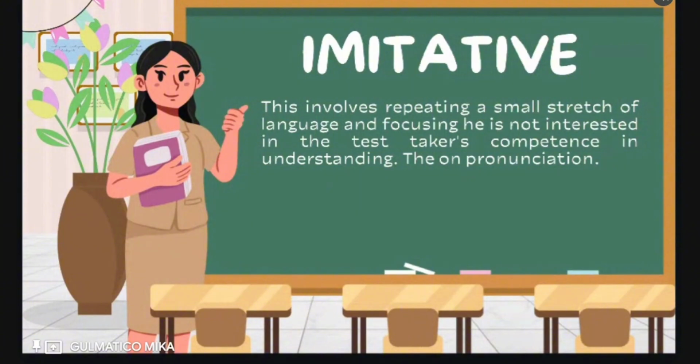So what is imitative? Imitative involves repeating a small stretch of language and focusing on pronunciation. It is not interested in the task taker's competence in understanding. So basically, imitative is like the imitation involved in learning your second language, English, in a school environment.